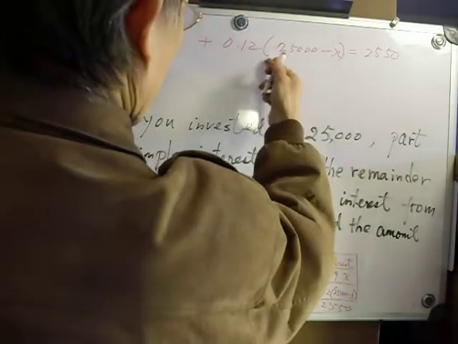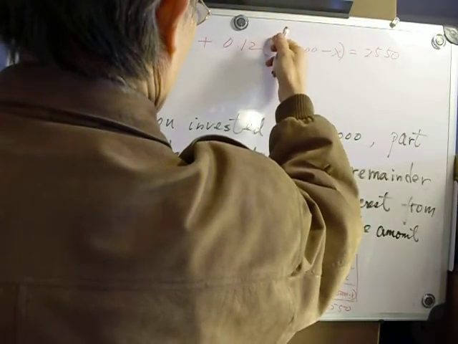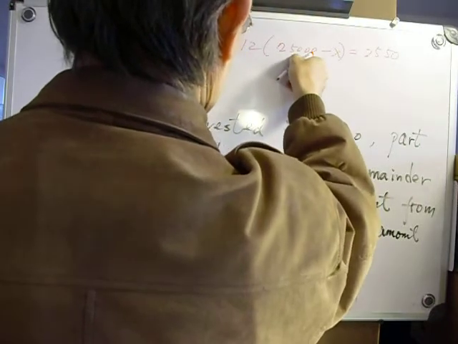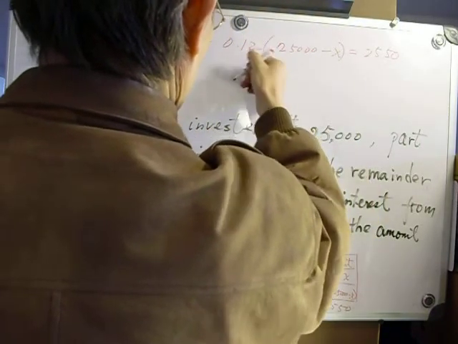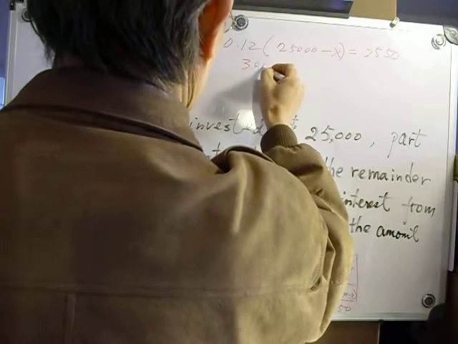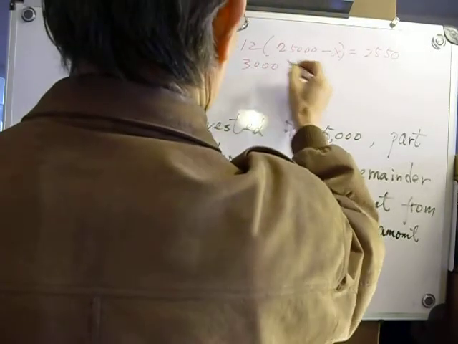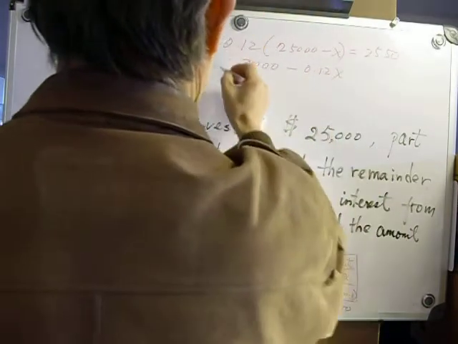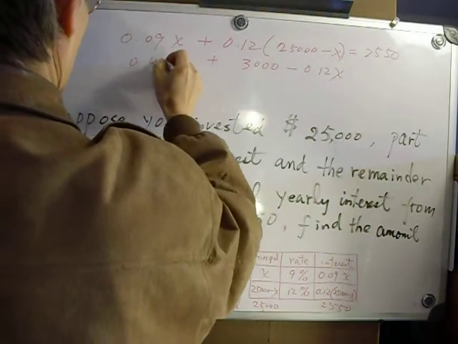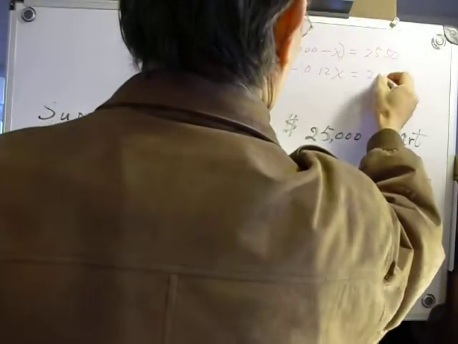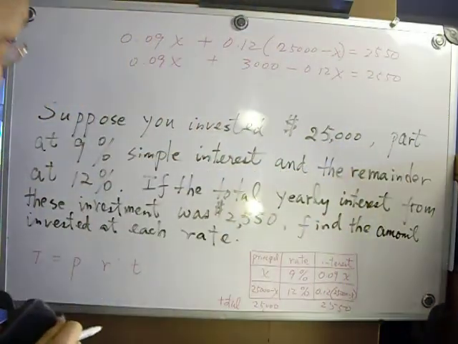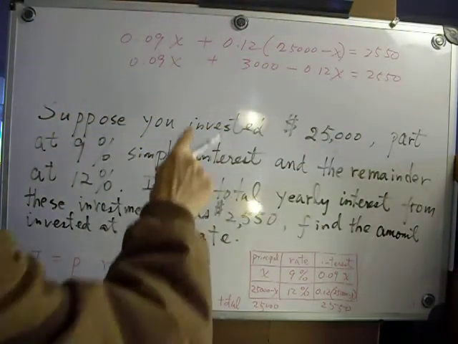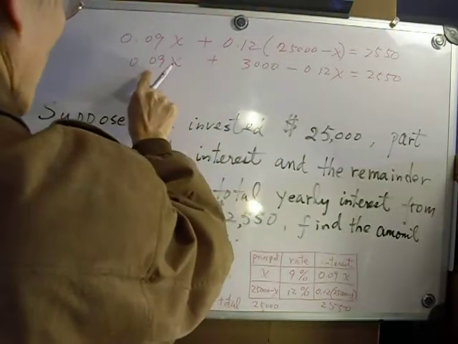First of all, you simplify this, get rid of this parenthesis by distributing inside. $25,000 times 0.12 should be 3,000, minus 0.12 times x, 0.12x. Copy the first line and the last. And then you combine like terms, just like we did in chapters 1 and 2. One is positive, one is negative.